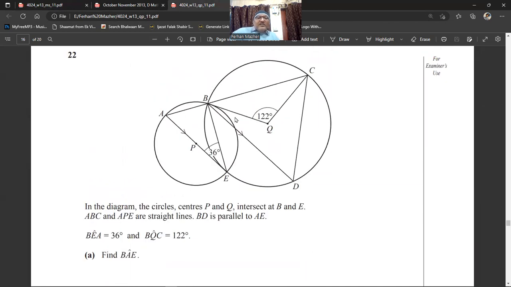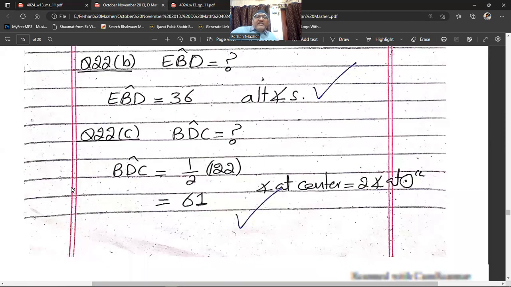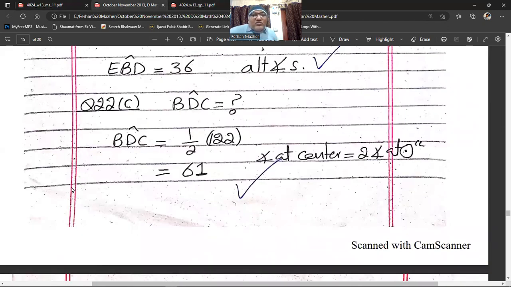If you look at this chord BC, it comes to the center. The angle at the center is 122, and the angle at the circumference is BDC. This angle is the question. Whatever this angle at the center is will be 2 times this angle. So this angle will be half of 122. The reason is the angle at the center is 2 times the angle at the circumference.